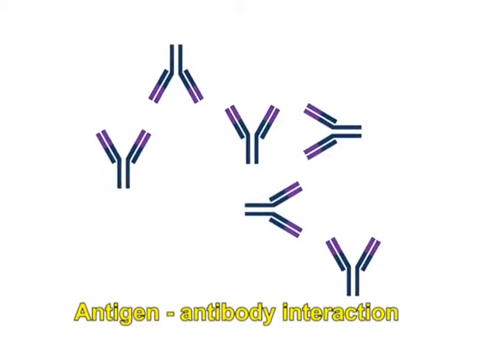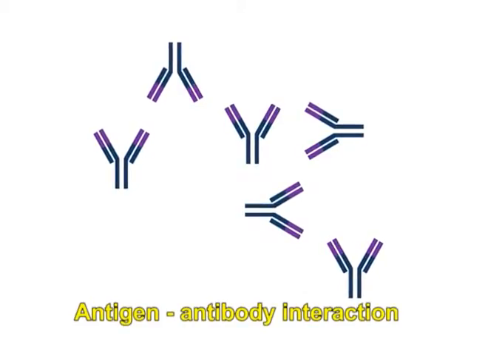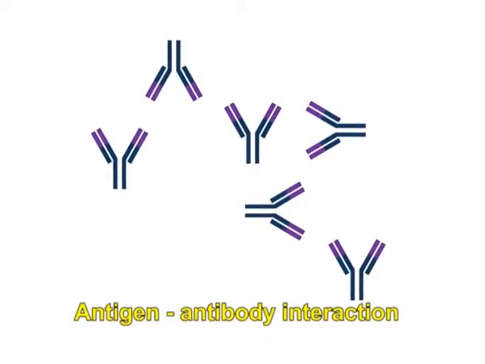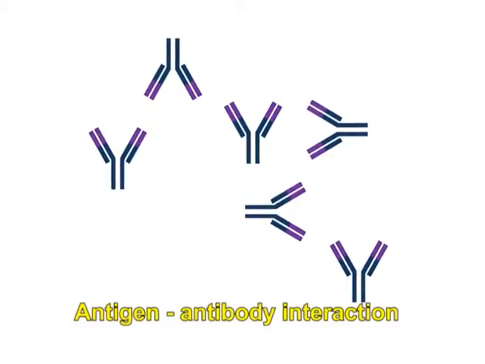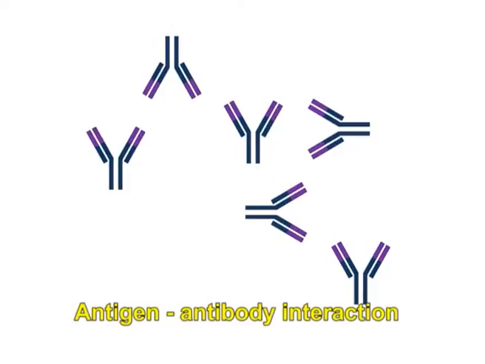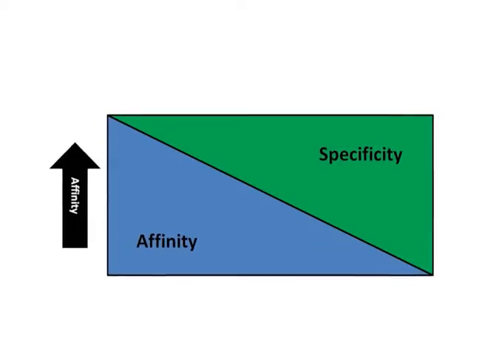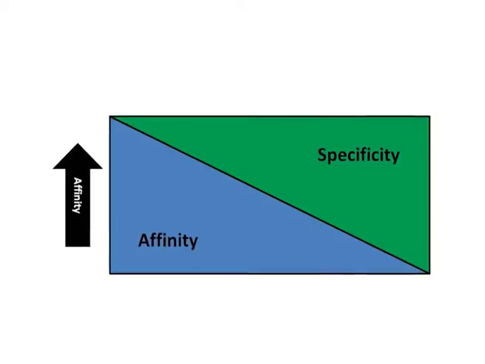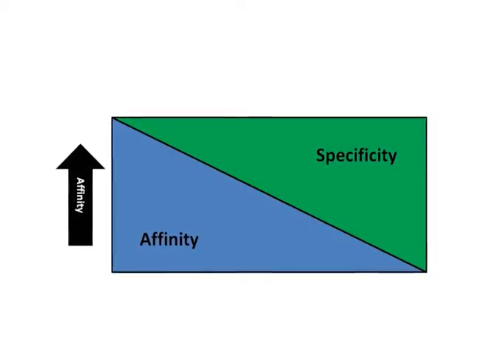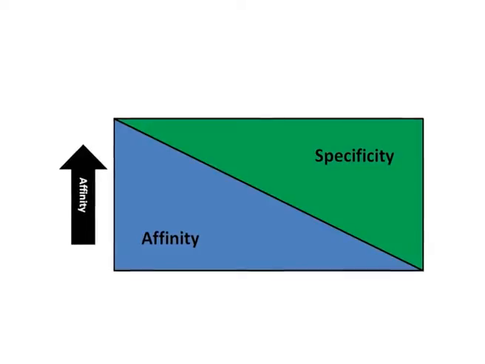A strong antigen-antibody interaction usually depends on a very close fit between the antigen molecule and antibody molecule, which requires a high degree of specificity. The high specificity and affinity are the most striking features of the antigen-antibody interaction.